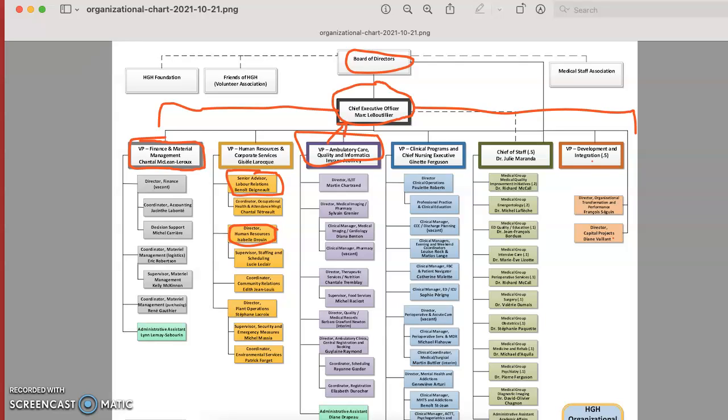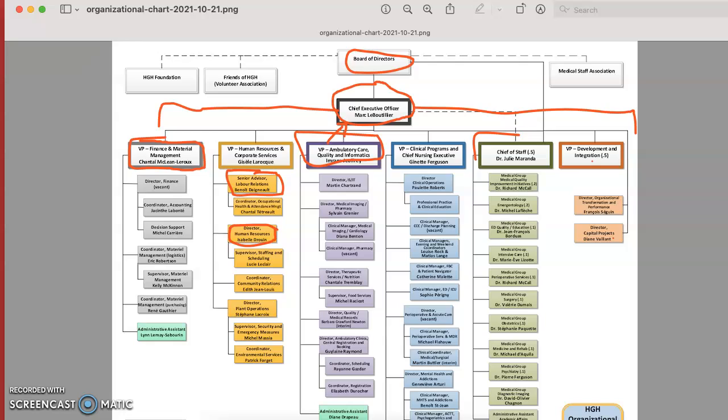Clinical programs would be like your nurse executive, right? They're going to oversee all the acute side of things from the nursing standpoint, which is a large job, a lot different than what you would see with an ambulatory side. So the inpatient floor, and all the nurses that work on rotation 24/7, those are all reporting up to the clinical program chief nursing officer, and then also all the CNAs on the inpatient side.